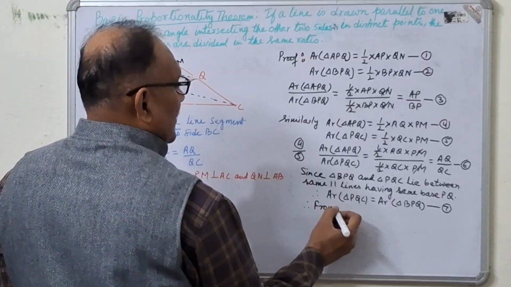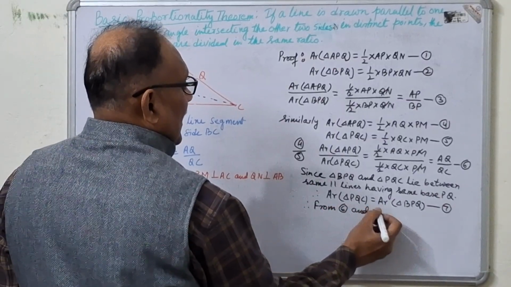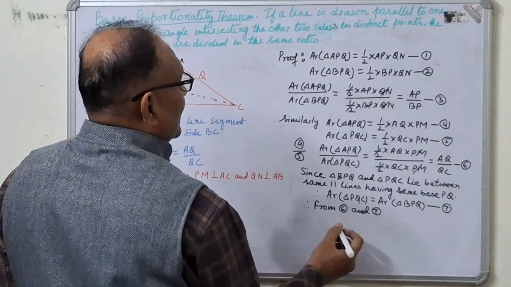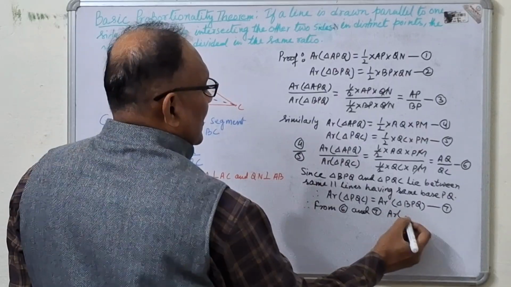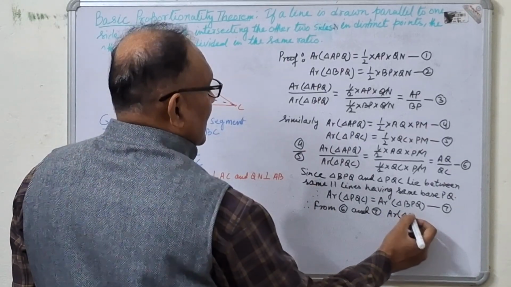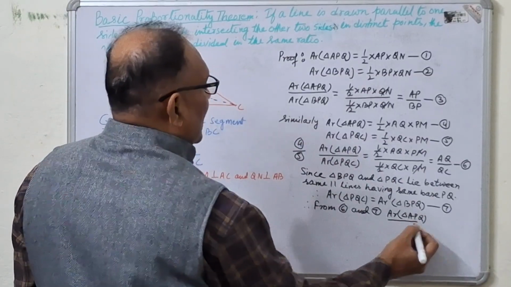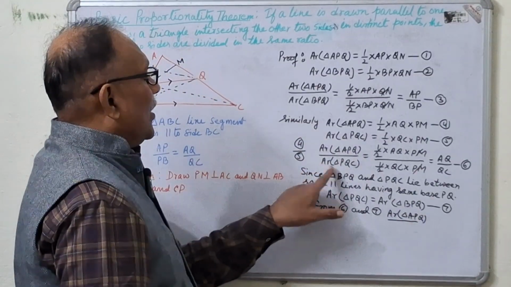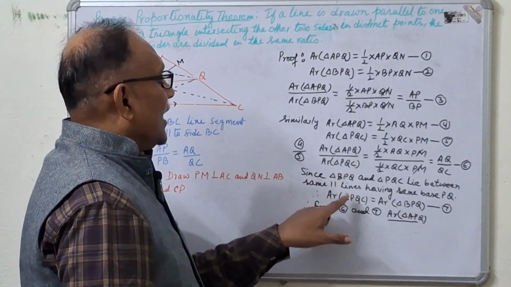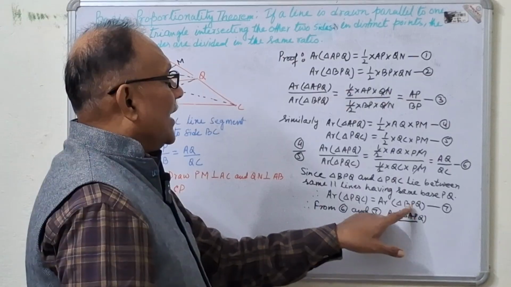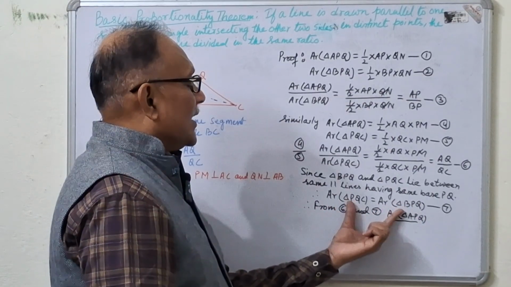From equations 6 and 7, the area of triangle PQC can be replaced by the area of triangle BPQ because both the areas are the same.